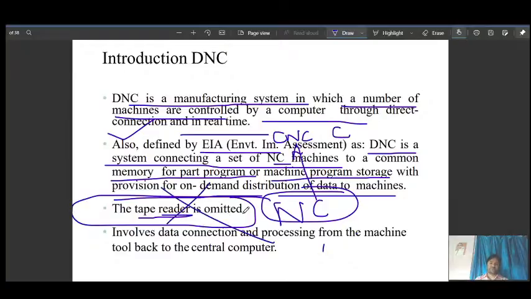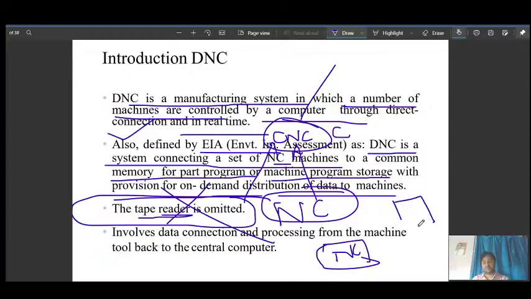So in CNC we have already removed it, and one step we have gone beyond the NC machine is that before the computer we were connecting all the NC machines with a common storage of data. These are called telecommunication lines.